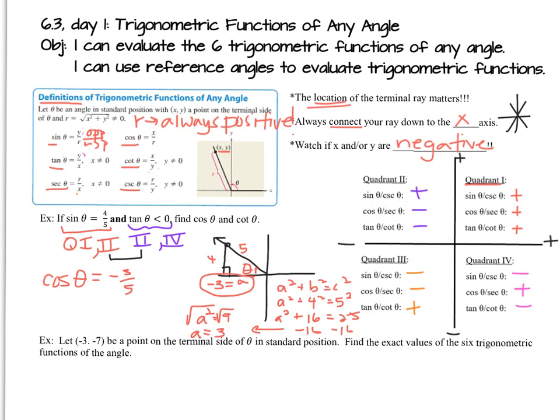Cosine's negative in quadrant 2, and we got a negative fraction answer. Cotangent, by definition, is x over y, or adjacent over opposite. And again, the adjacent side is -3, and the opposite side length is 4. So both of our answers are negative for cosine and cotangent in quadrant 2.